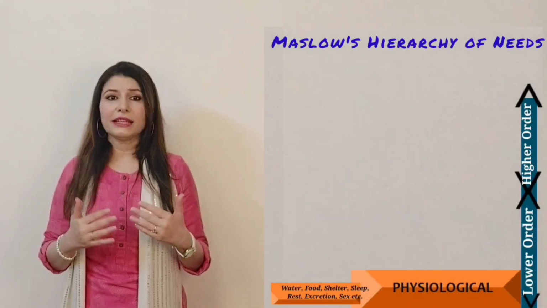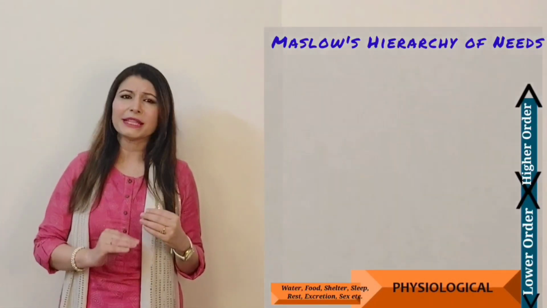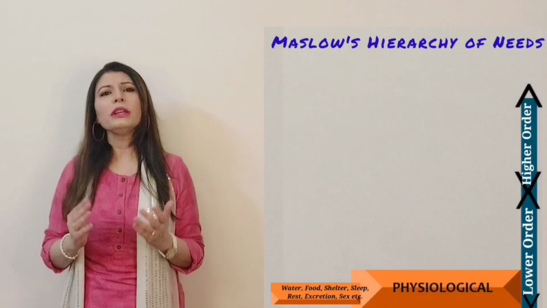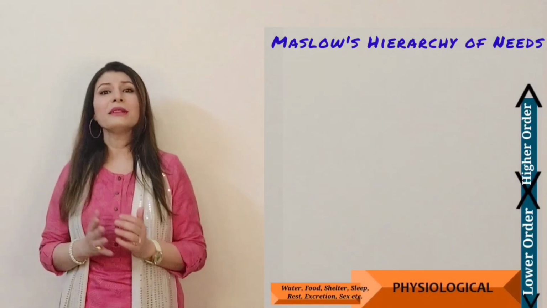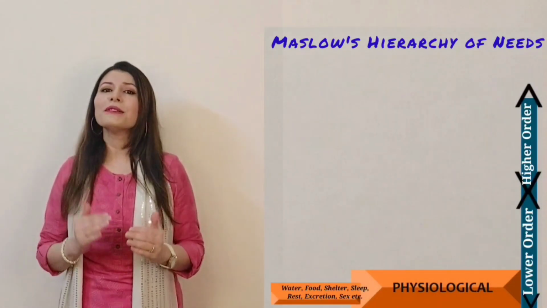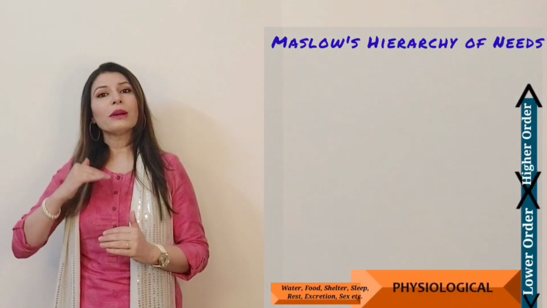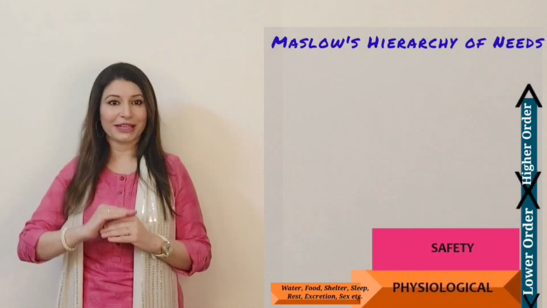Maslow placed these needs at the lowest level because they are the most basic needs that not only humans but also animals have. When these physiological needs are fulfilled, a person starts to feel comfortable, and then they move towards the next higher order of needs.